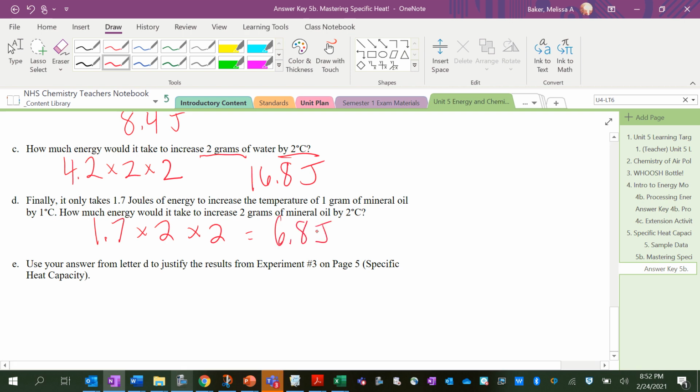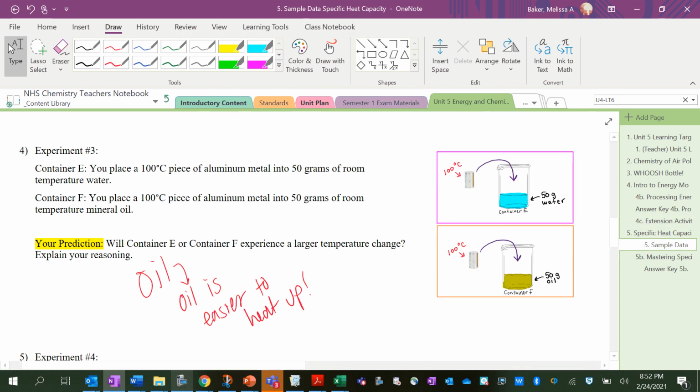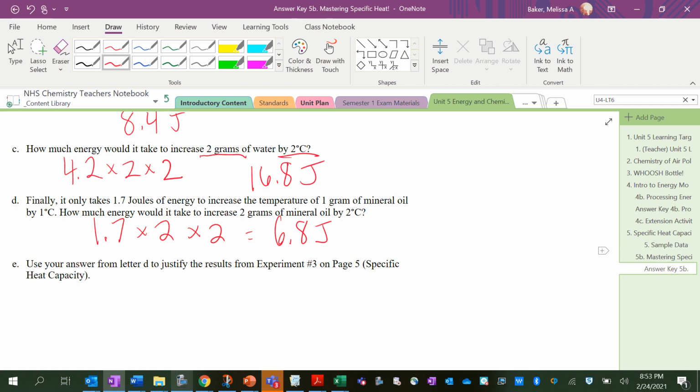Use your answer from letter D to justify the results from experiment 3 on page 5. So let's go back and look at our results from experiment 3. It was easier to heat up the oil. The temperature change was more dramatic because oil has a lower specific heat. So it's easier to heat it up.